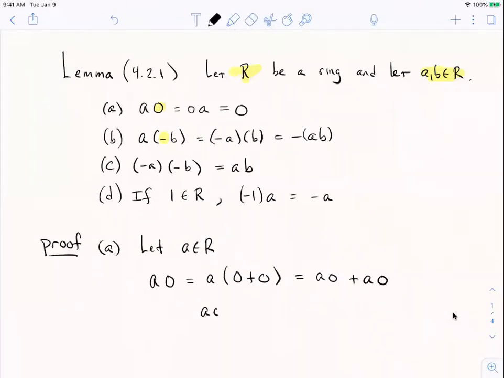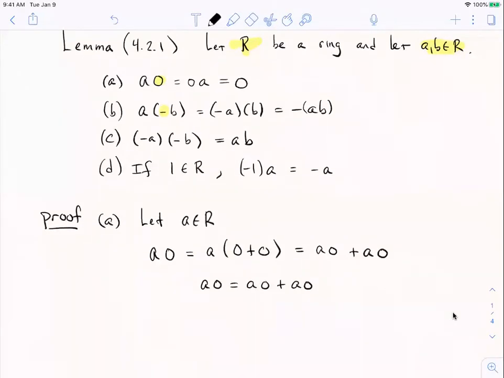If I reorganize that equation by writing the extreme left and the extreme right, then in the additive group R under addition, this element, A times 0, is equal to it plus itself.